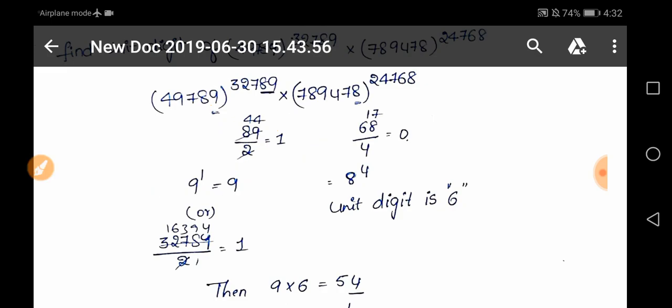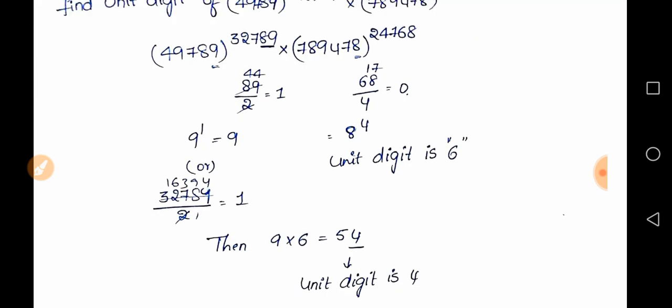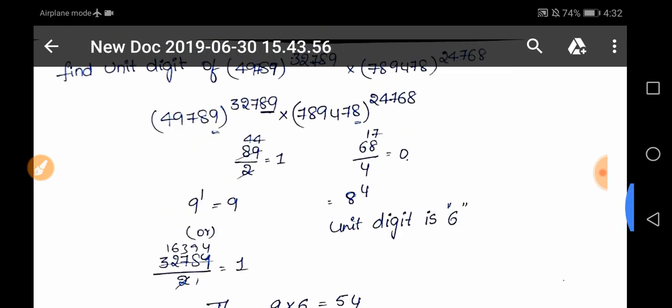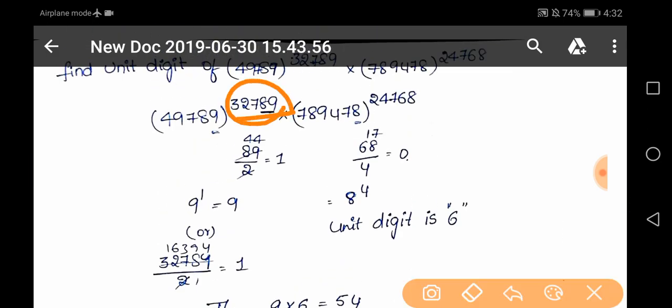Then you will get a doubt. How does this happen? See, there is a big number. How is this true? So let us solve this. See, taking the total number, we will divide it by the cyclicity number, right? So when we have this big number, I told you to just take the last two digits. But how this is possible, now I'm going to show.